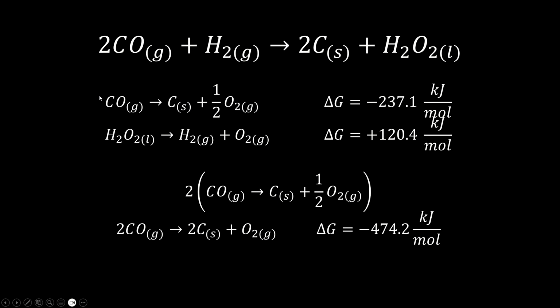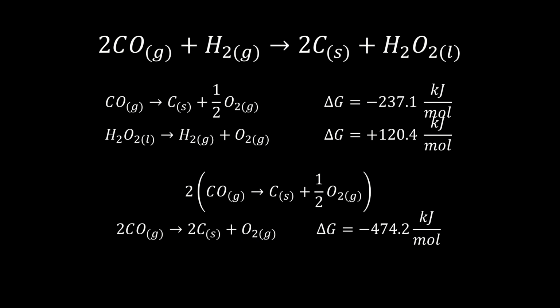So in that case, if we want 2, let's multiply the entire chemical reaction by 2, so that we have 2 times carbon monoxide, and 2 times carbon, and 2 times 1/2 a mole of O2, giving us 2 moles of carbon monoxide gas breaking down to form 2 moles of solid carbon and 1 mole of molecular oxygen gas.